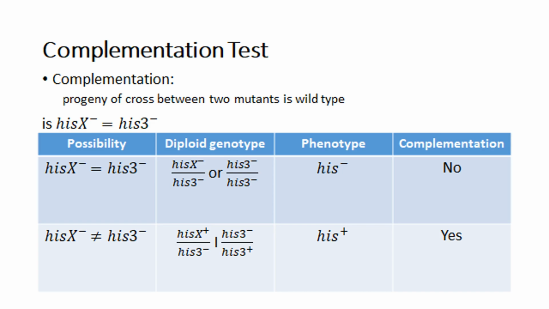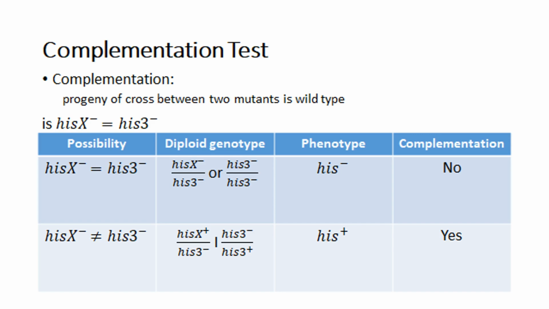Okay, if there is no equality between histidine 3 and histidine X, like here, where histidine X and histidine 3 both lose function, we will get a wild type organism.